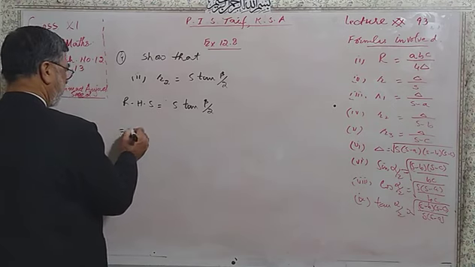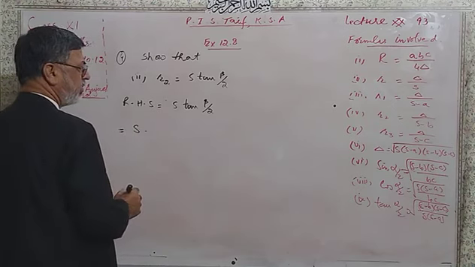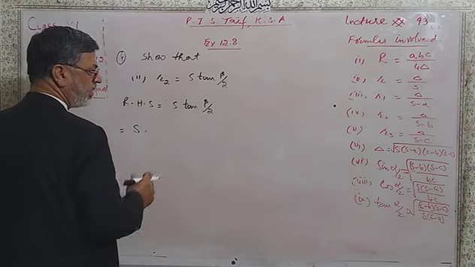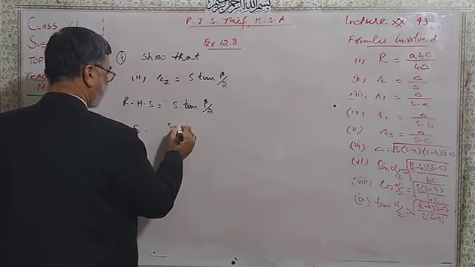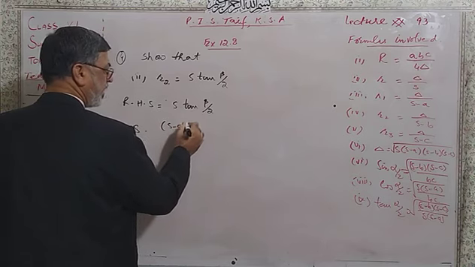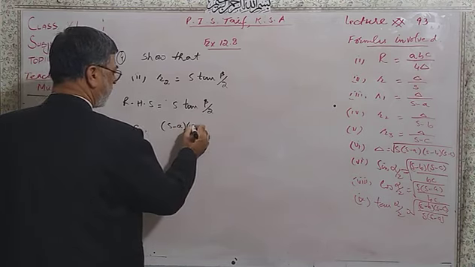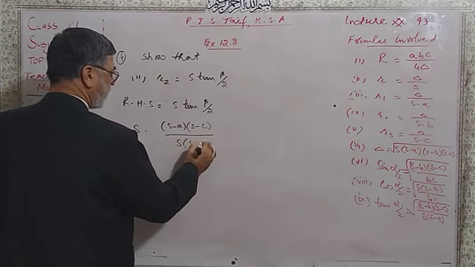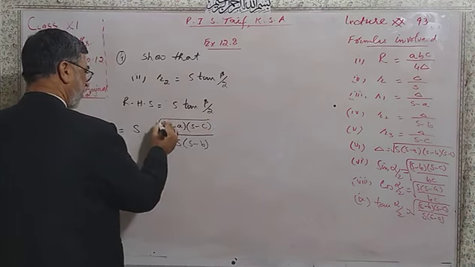So here S into tangent beta by 2 is the square root of S minus A, S minus C over S into S minus B.